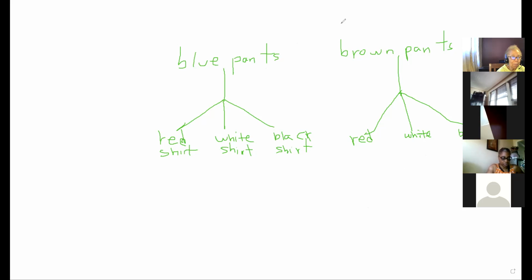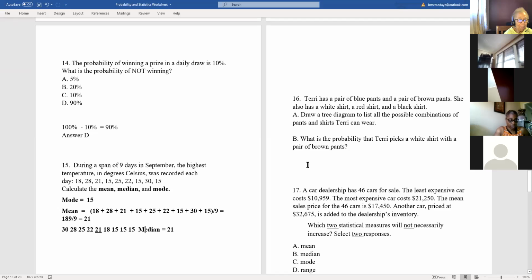All right, now let's go back to our problem. What's the probability that Terry picks a white shirt with a pair of brown pants? What would your probability be? What's the possible?